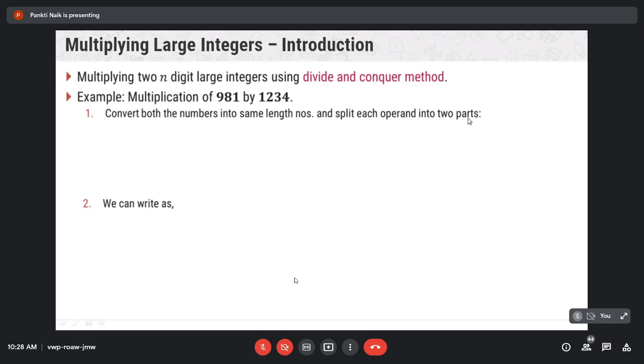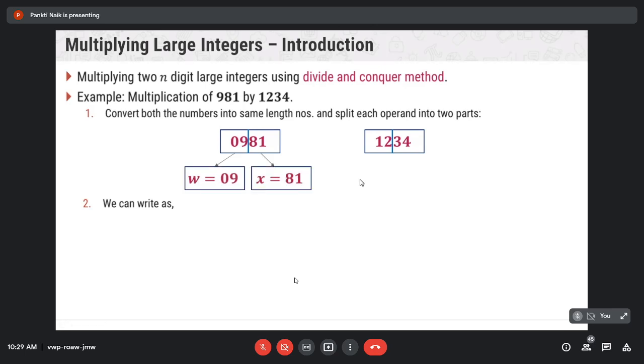First convert both numbers into the same length: 981 becomes 0981, and 1234 stays the same. Then split each operand into two parts, so 0981 becomes 09 and 81, and 1234 becomes 12 and 34. So W is equal to 09, X is equal to 81, Y is equal to 12 and Z is equal to 34.